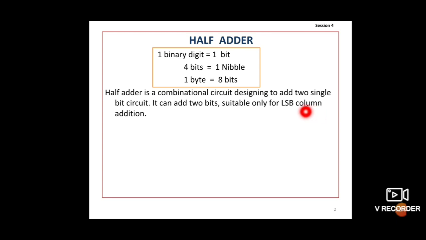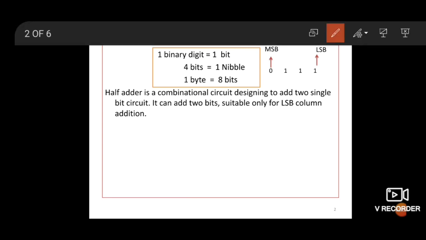Now you know LSB and MSB. LSB means least significant bit, MSB is most significant bit. Suppose we add 2 bits: 0 1 0 1, or 1 0.